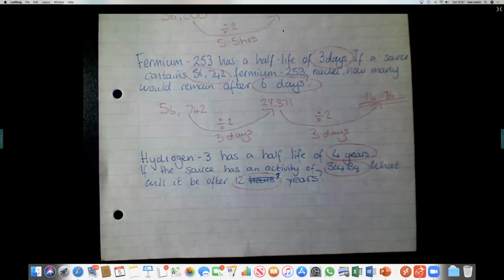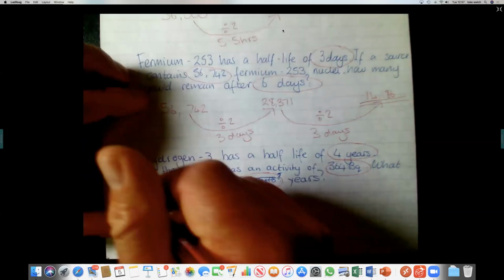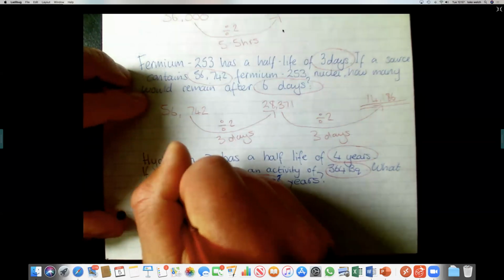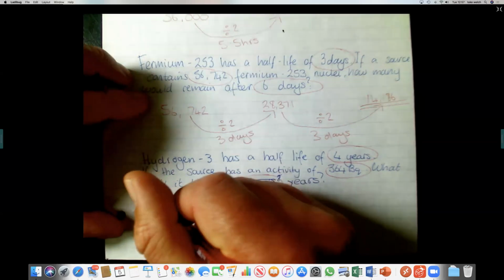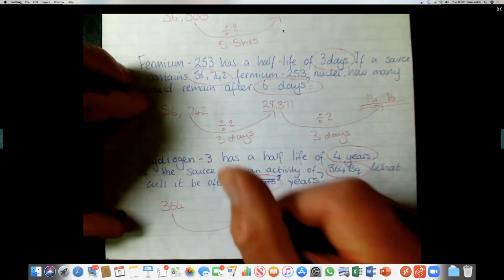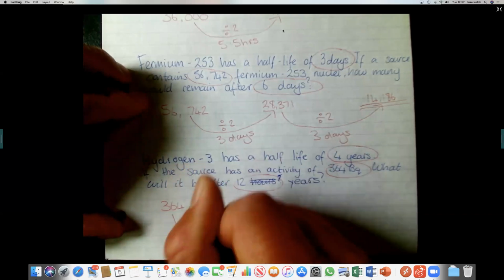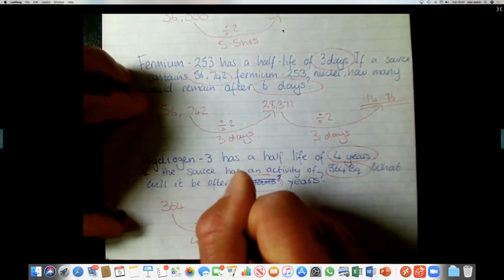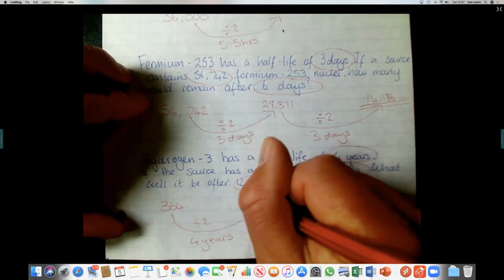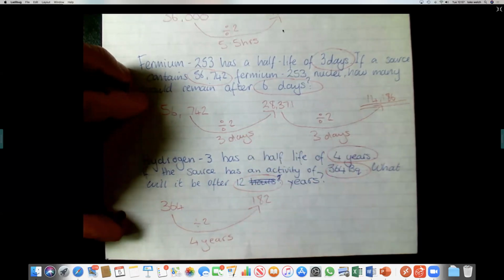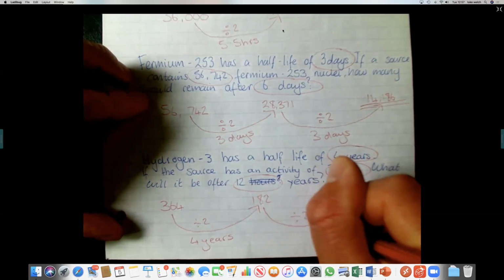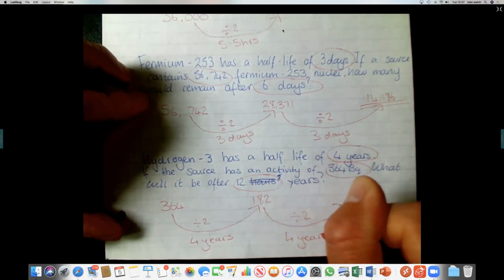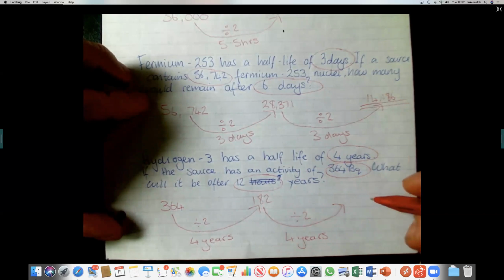So first of all, what does it start off with? It's 364 that it starts off with. Then we're going to, again, every 4 years it halves. So I'm going to divide it by 2, 4 years. If I divide it by 2, it's going to be 182. Now I've only got 4 years here, it says 12 years. So I'm going to have to half it again. Divide by 2, 4 years. Still, I'm only up to 8 years. What's that going to be?